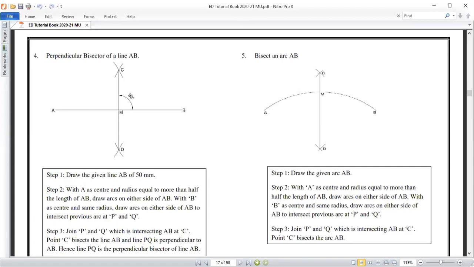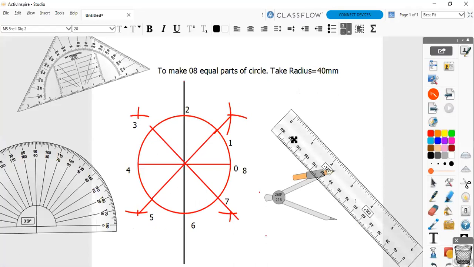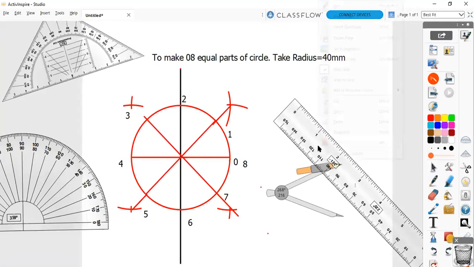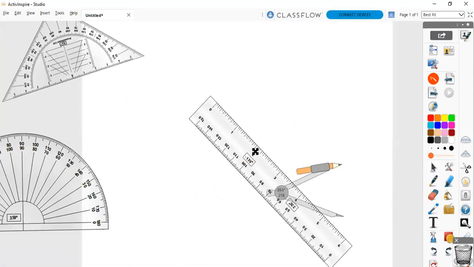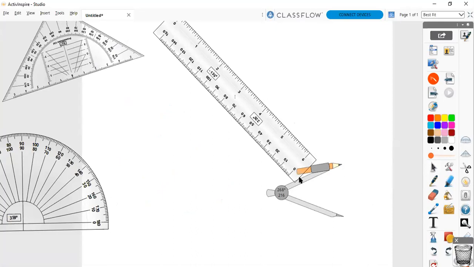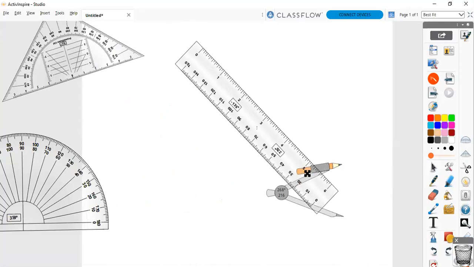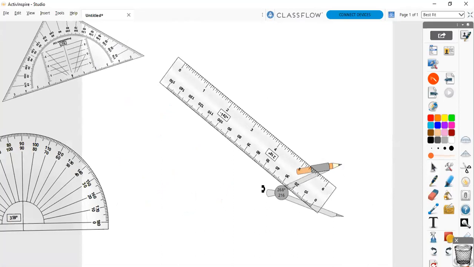Now how to draw it? For that again, let us go to the software. We'll show you how it will look like. First of all, you have to draw one horizontal line, right? And to draw the horizontal line, we are all aware, we have to use this ruler.